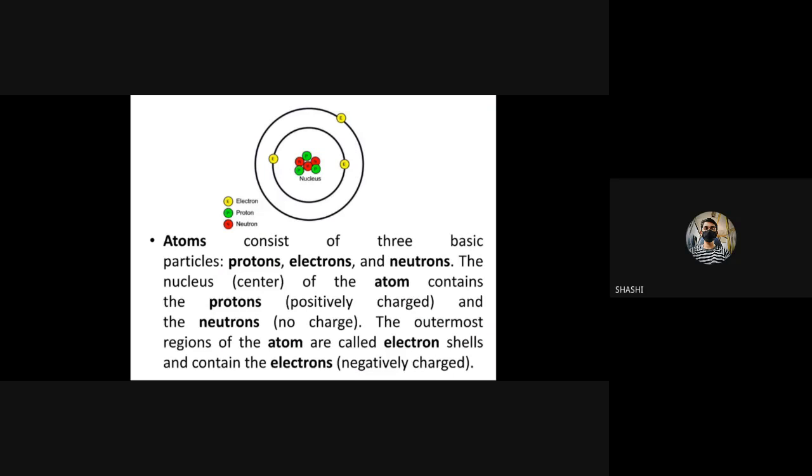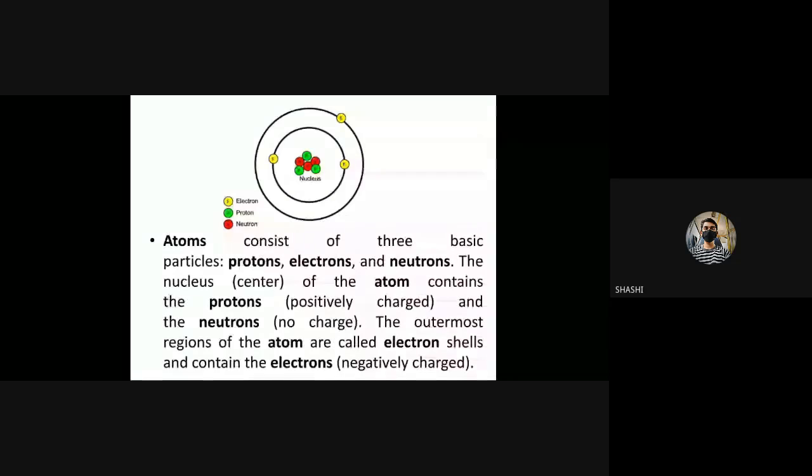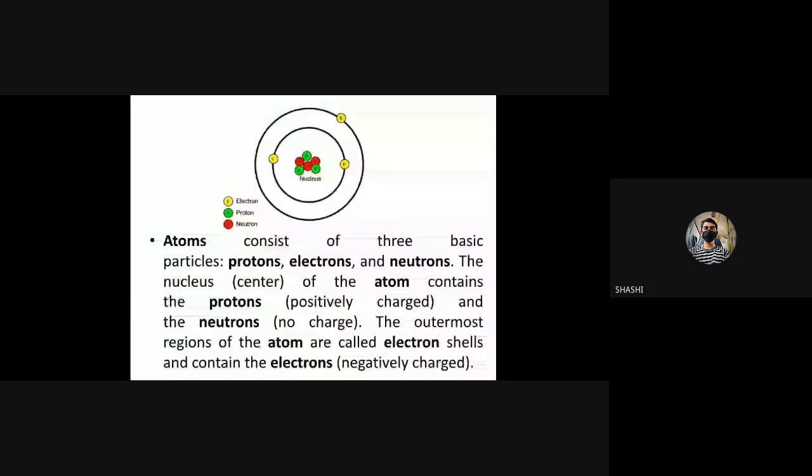So the nucleus consists of protons and neutrons. The outward circle that you can see is electrons moving in respective orbits. The outermost regions of the atom are called electron shells and contain the electrons, which are negatively charged. Right?